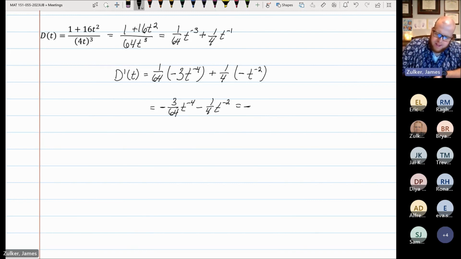You can factor out a negative 1/64 t to the minus 4.